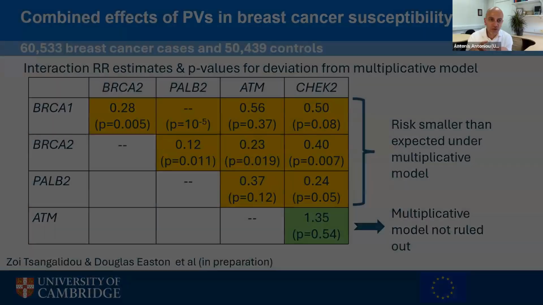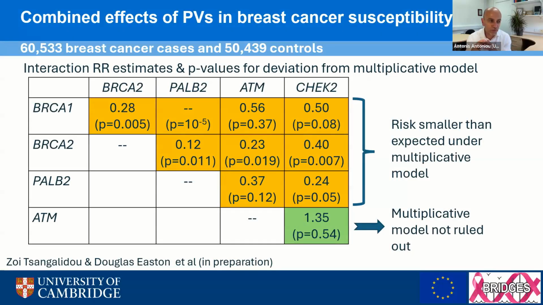But first, the evidence so far. What we see from the literature, and these are some unpublished data from an analysis that was done more recently using the BRIDGES sequencing data, looks at the interaction effects of different rare genetic variants. In this table we see the interaction relative risks between the various genes.